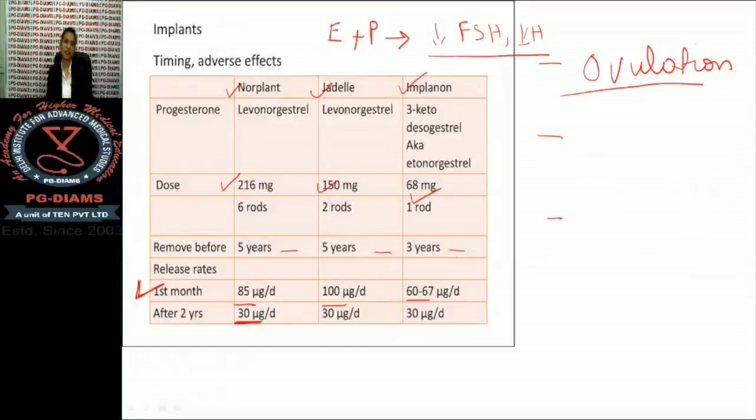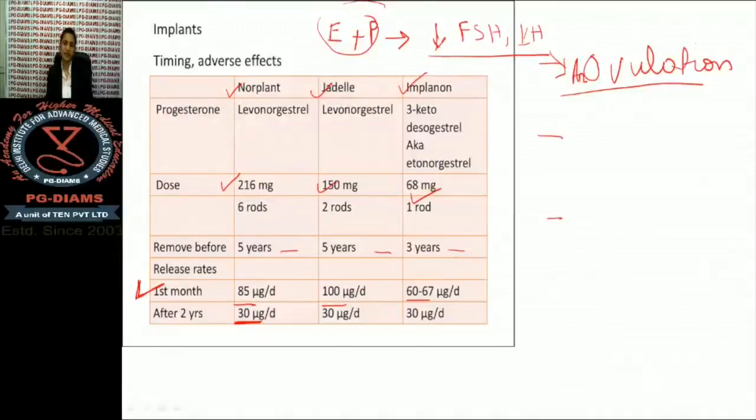You require FSH for stimulation of follicles in the ovary and you require LH for final ovulation in the ovary. These things will be inhibited if FSH and LH are lowered because of the constant presence of E and P in the body. So when you give E plus P constantly, there is feedback decrease in FSH, LH and there is anovulation. That is one important mechanism of action.